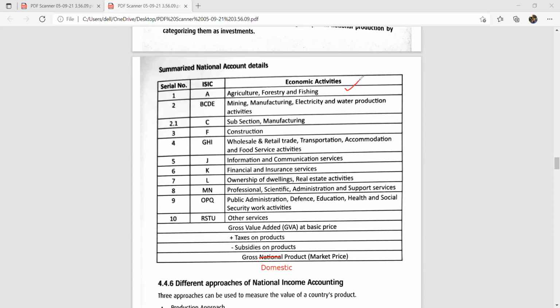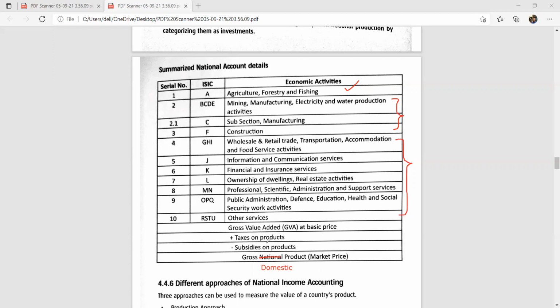Simply, agriculture, forestry, fishing go to the primary sector. Thereafter, up to here goes to the secondary sector. Thereafter, up to here, other services, or tertiary sector: primary, secondary, tertiary. Then we add all, and gross value added is calculated.